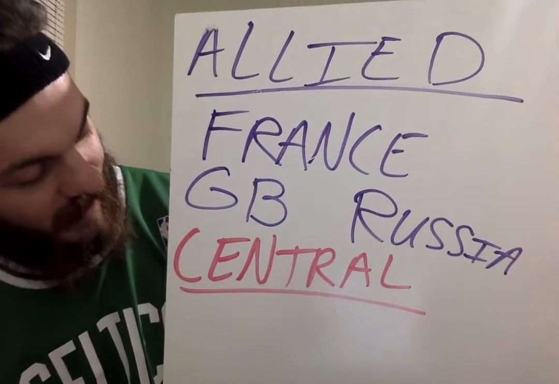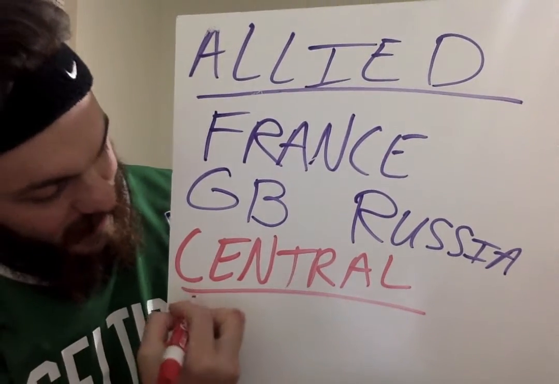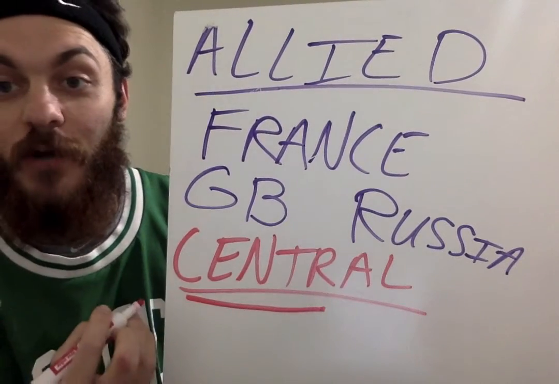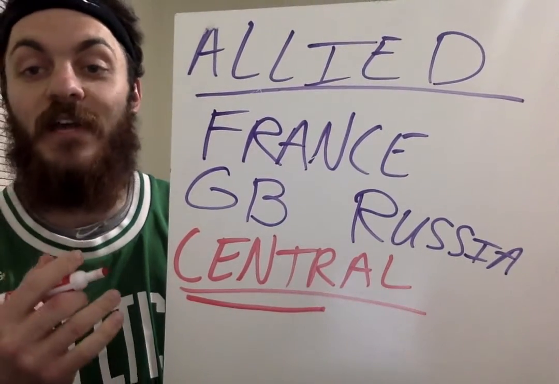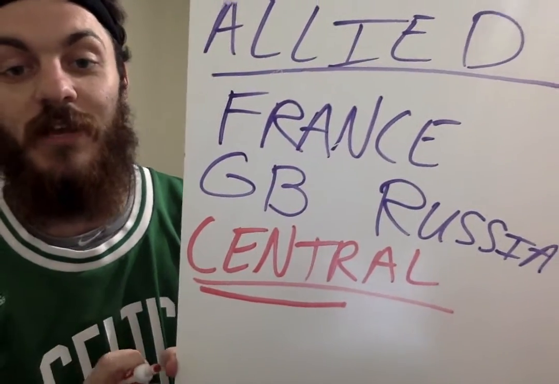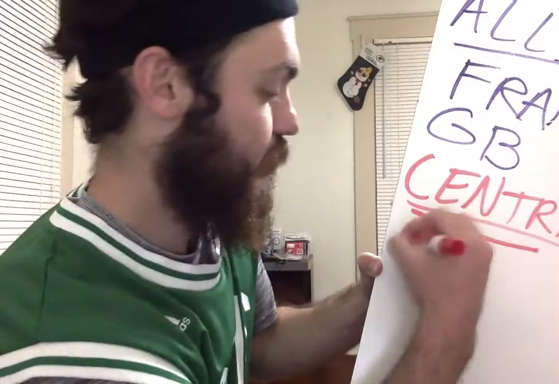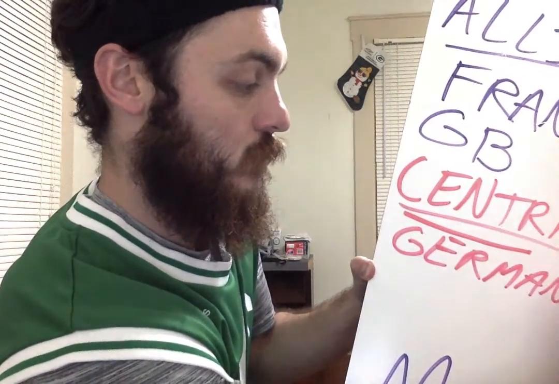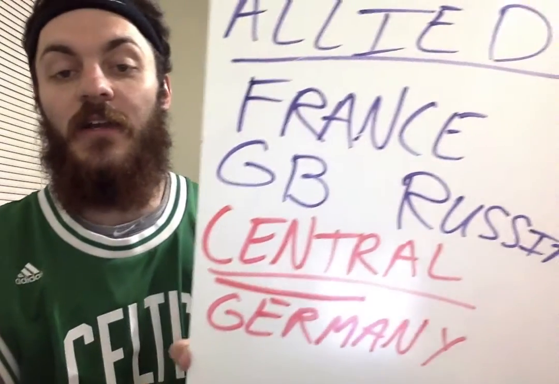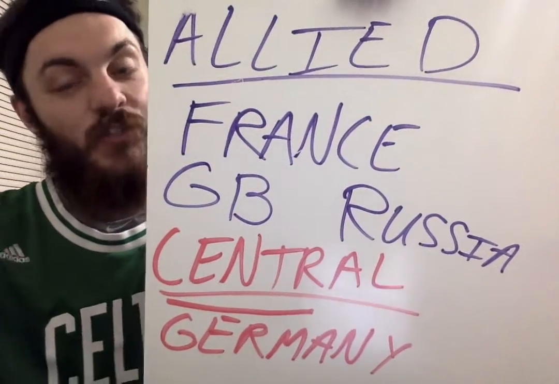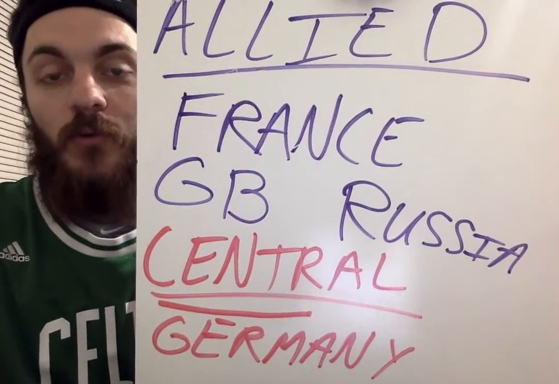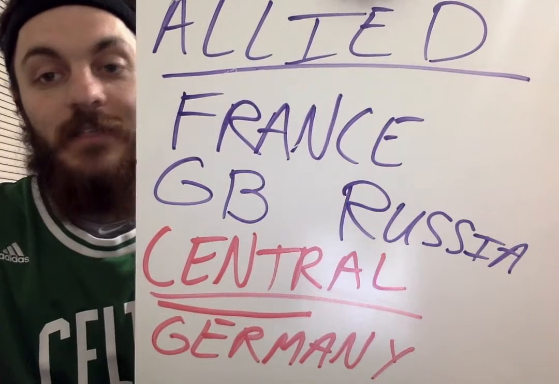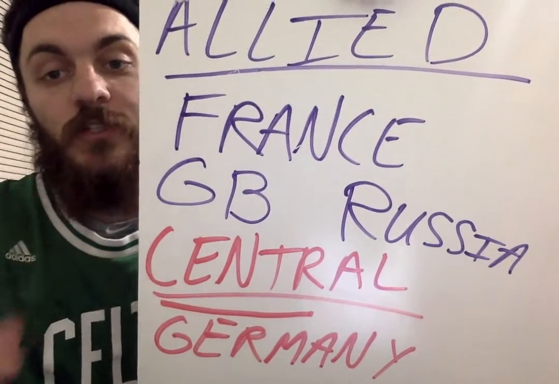Using some logic here, they are in the center of Europe. What is the middle of Europe? What is that major country right there? Germany. And another one that is going to be next to it at the time, after World War I happens, it's going to be broken up into two different countries.